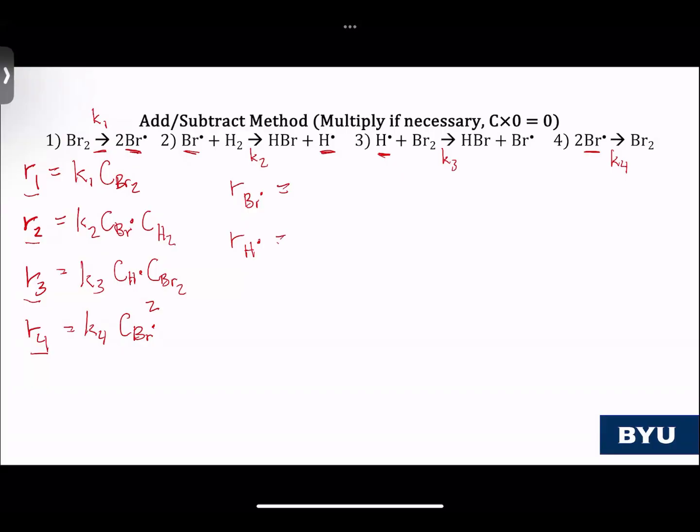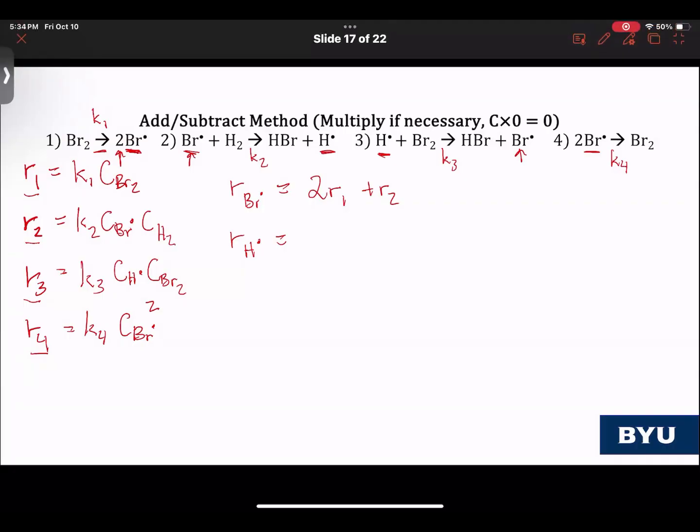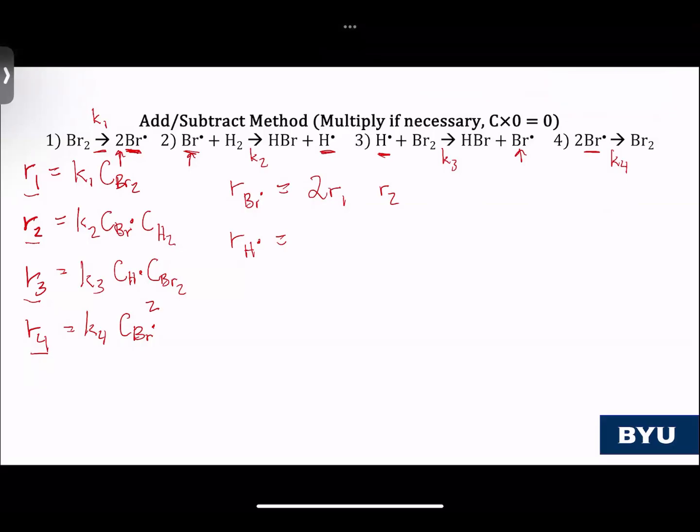Our bromine radical is involved in R1, and there are 2 of them, so I'm going to have 2 R1 here. It's also involved in the second reaction, so I'm going to have R2 here, and I made a mistake here. This should be minus R2 because it's a reactant in that expression.